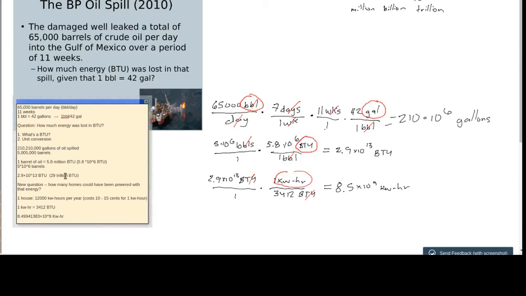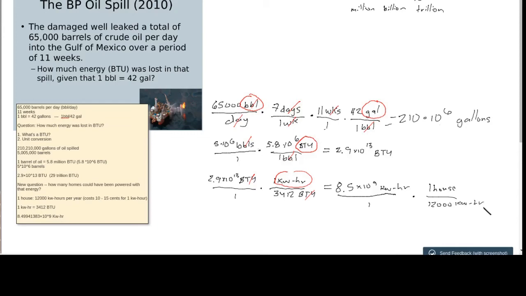And then I already said that one house uses about 12,000 of those per year. Okay, so that's the number of kilowatt hours that were lost. If I now divide that by the 12,000 kilowatt hours per year, I will be able to get the number of houses that could have been powered with this energy. So I'm going to take that, 8.5 times 10 to the 9 kilowatt hours times one house uses 12,000 kilowatt hours.